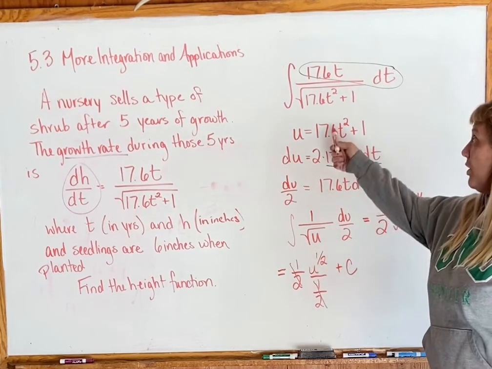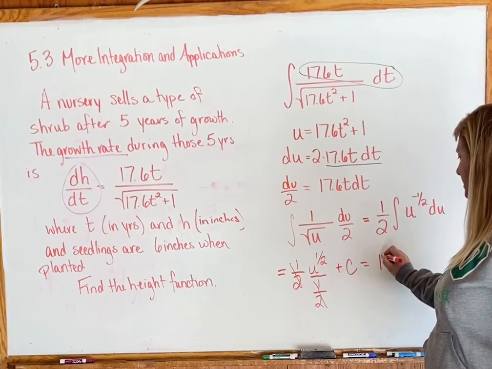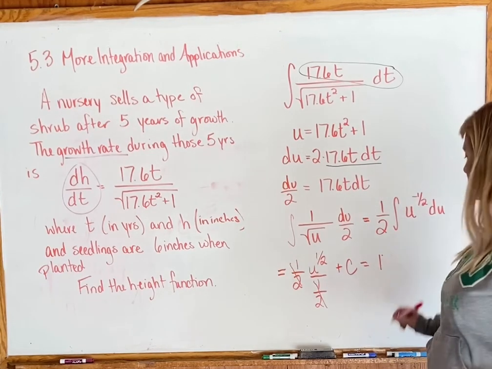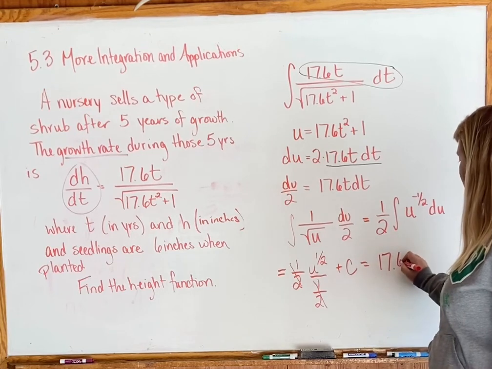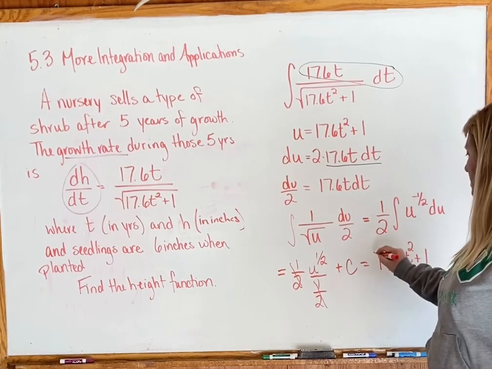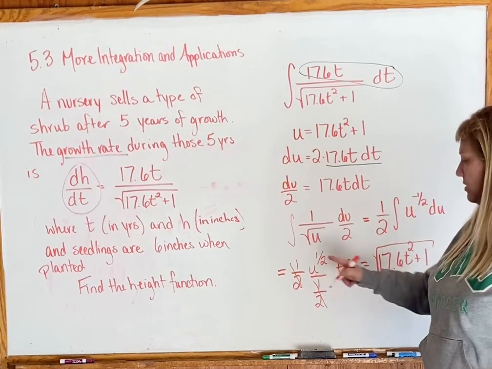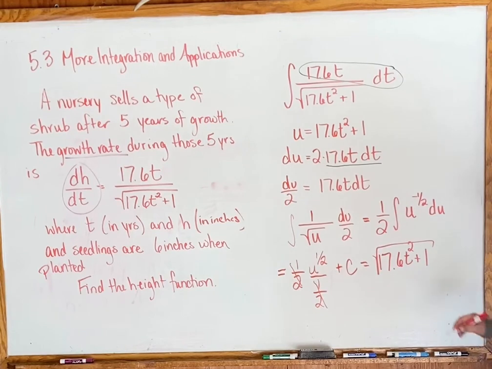We need to put our u back in there, but we end up with a function of 17.6 t squared plus 1 under the square root, right? Because we could turn that back into the square root, and then plus c on the end.